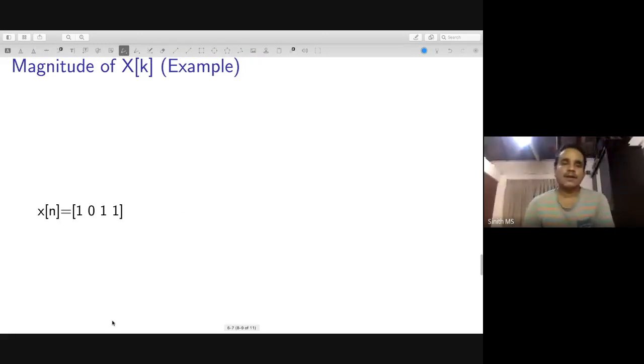Now, what is the magnitude of X[k]? What is X[k]? It is the sampled version of a single period of the discrete time Fourier transform. From the DTFT you take one period, say 0 to 2π, and you sample it, then you get different values.